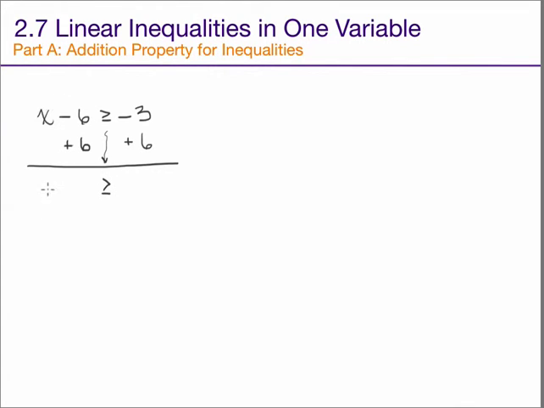On the left-hand side, I have x minus 6 plus 6 is 0, so this is x plus 0, is greater than or equal to negative 3 plus 6. For x minus 6 to be greater than or equal to negative 3, x must be greater than or equal to positive 3.